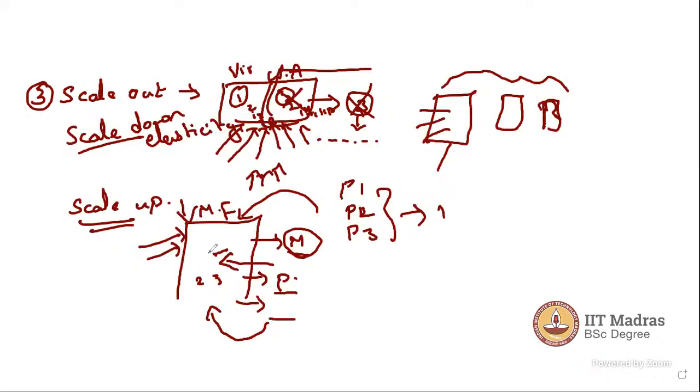Take your laptop or desktop computer at home: if you want to enhance the memory or the hard disk capacity, there will be extension slots available. You can buy RAM and insert it into your laptop. That is known as scale up. The existing system is enhanced by providing the corresponding devices to the available slots. Clear?